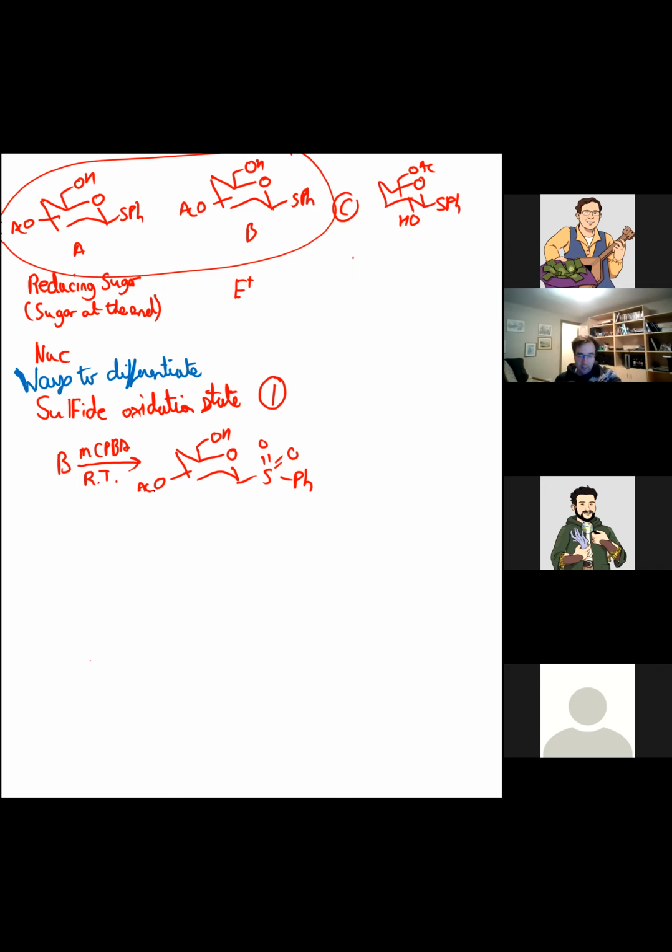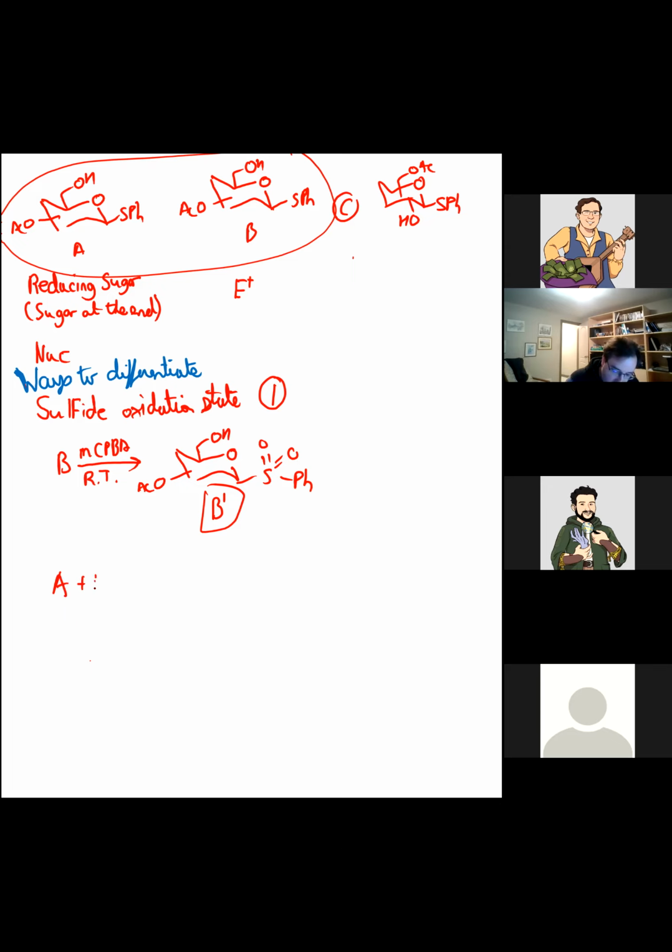Because if we take A and B now, this is going to be B prime. If we take A and B prime and we have magnesium bromide, A is going to ignore that. The thioether on A is just going to say, I don't know what to do with that magnesium bromide. B prime is going to react with the magnesium bromide and make an oxocarbenium.